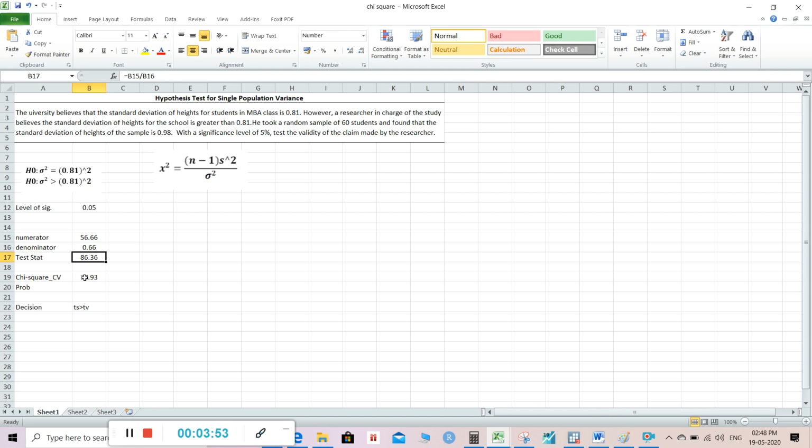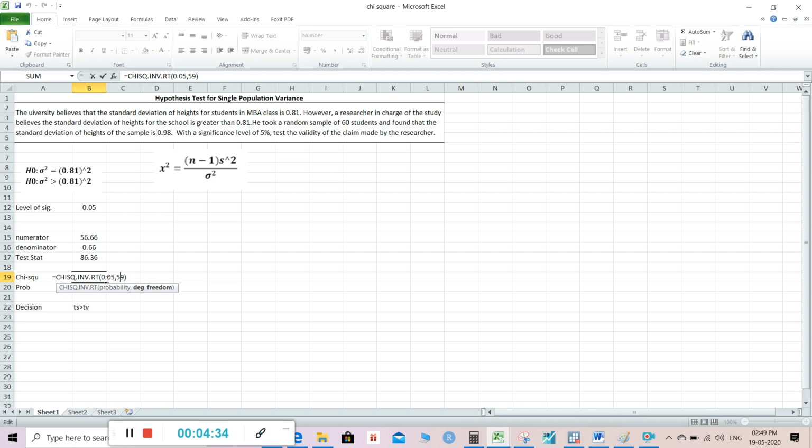So now you have the test statistic with you. Now let's find out the critical value. The critical value you can obtain directly from Excel. If you put this formula here, equal to CHISQ.INV.RT, RT stands for right tail, and your probability is nothing but the level of significance, and your degrees of freedom here is 60 minus 1, that is 59, right?